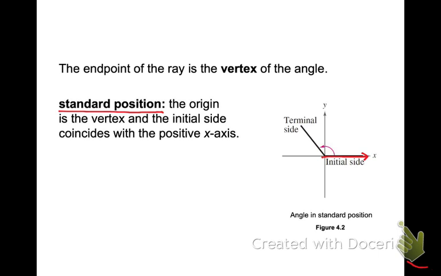When angles go up, see how this is going counterclockwise? It goes up. That's positive. Guess what happens when it goes down? It's negative. So let's say this one would be 120 degrees. This one would be negative 120 degrees.